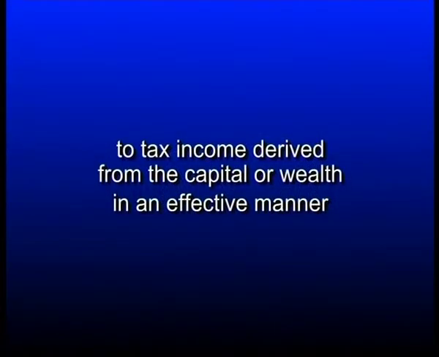Anonymity in the ownership of wealth is another serious problem in India. This may be in the form of bearer shares in the case of companies or the system of Benami in India. This is a legal loophole which makes it difficult to tax income derived from the capital or wealth in an effective manner.